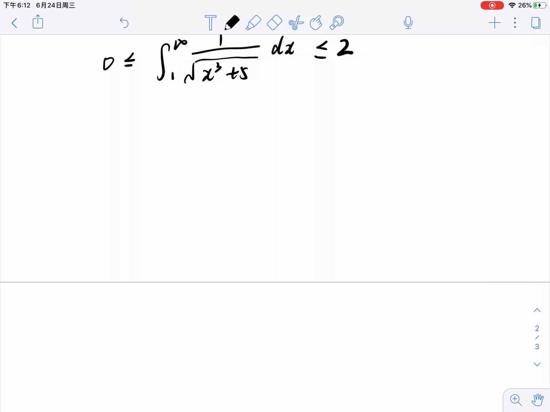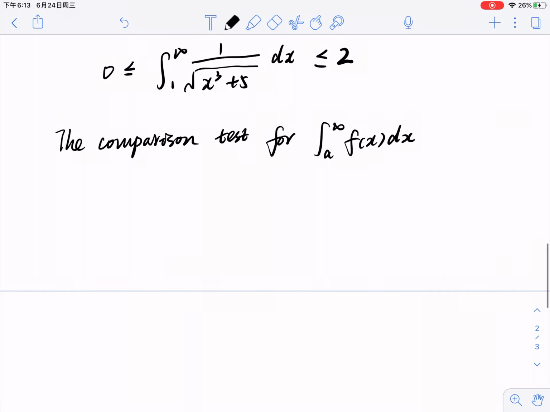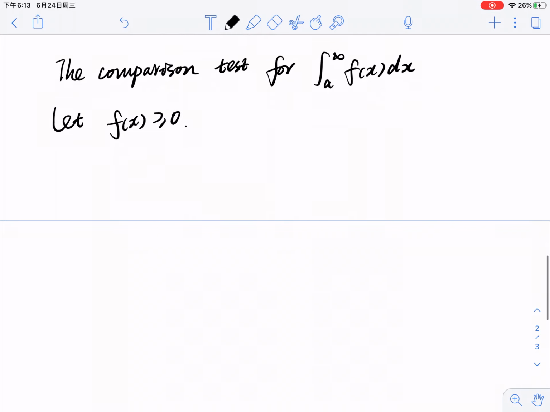Next, we summarize the comparison test. For the improper integral from a to infinity of f(x) dx, let f(x) be a non-negative function. The comparison involves two steps.